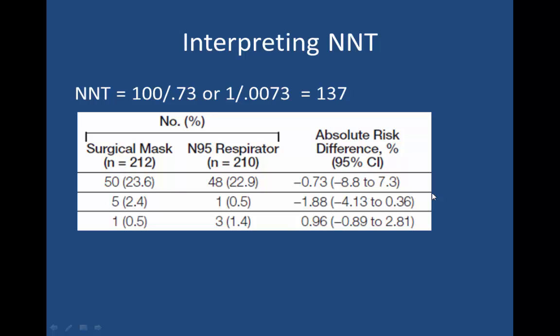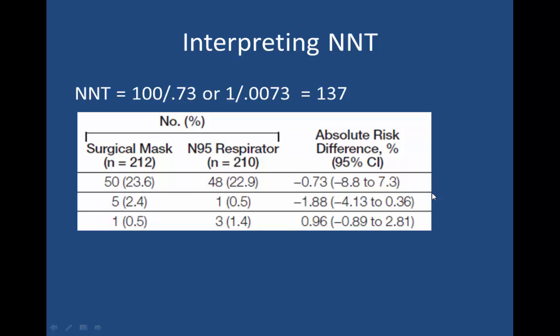So if I did my math here, remember we took this number, this percentage, subtract this percentage. So this value is reported as a percentage. It tells me that right here. This is 0.73%. So if I took 100 divided by 0.73, because it was a percentage, or if I converted this to a decimal and used the value of 1 on top.